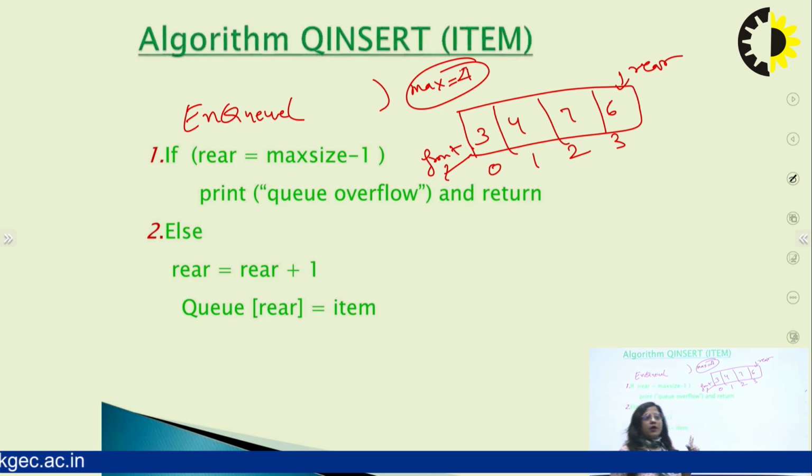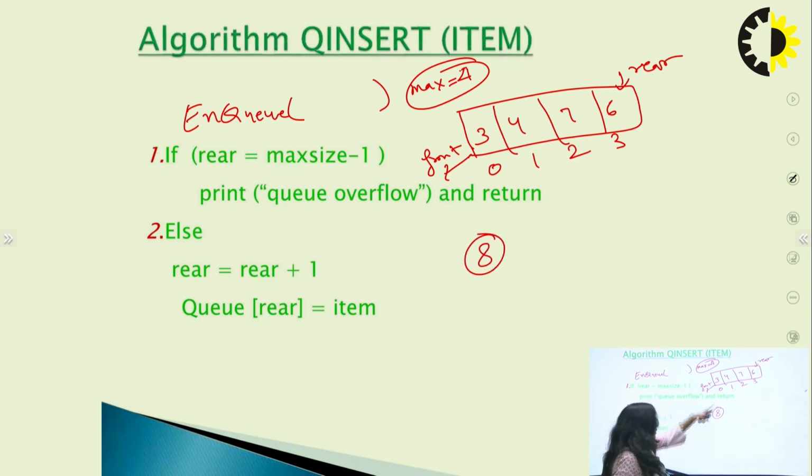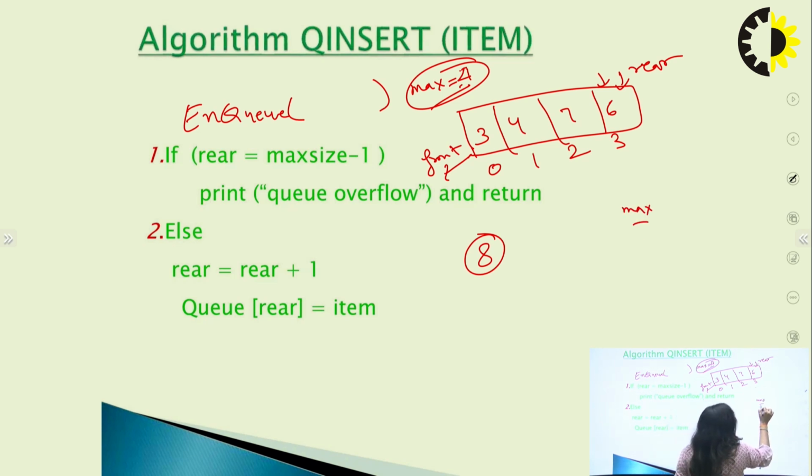Now let's suppose I want to insert 8 in this queue that holds 3, 4, 7, 6. Max size is 4, so max minus 1 means location 3. If rear is present here at location 3 and front is at 0, then print queue is overflow. It means no new node can be inserted in this queue.